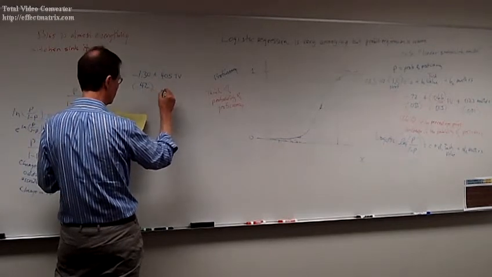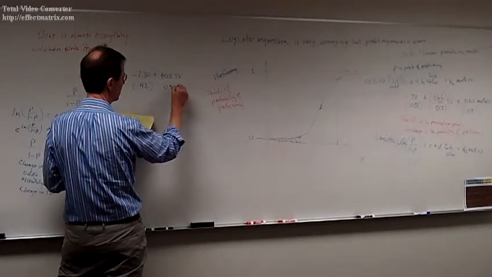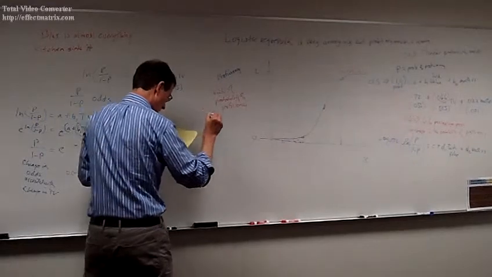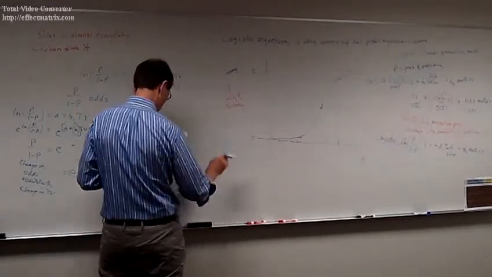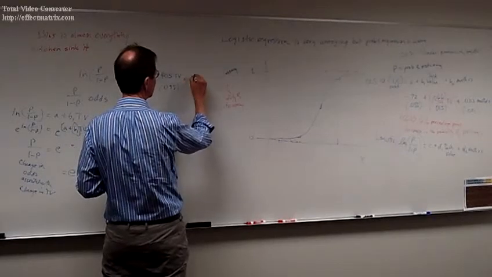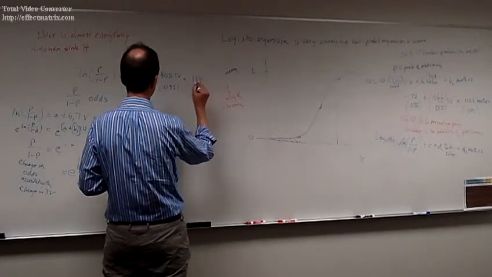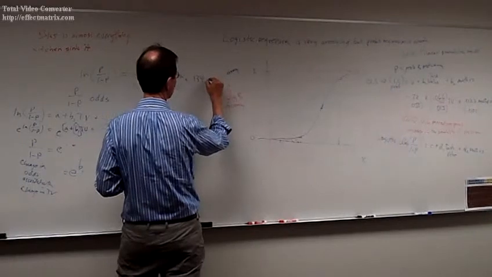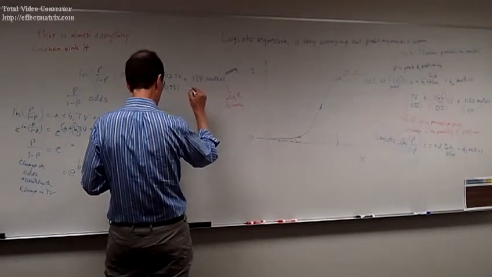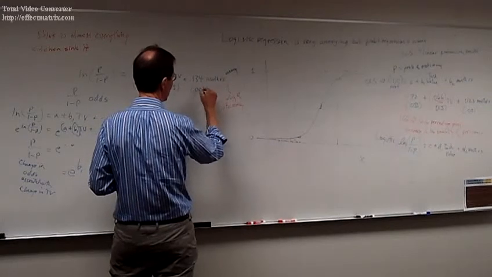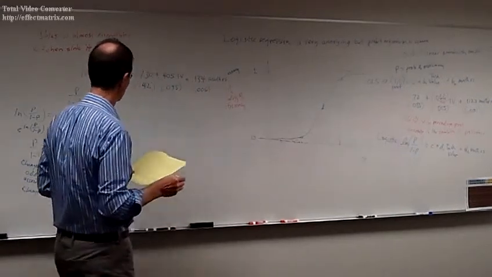Standard error for task value is 0.095. And then the coefficient on math raw score is 0.134, and a very small standard error, 0.006.